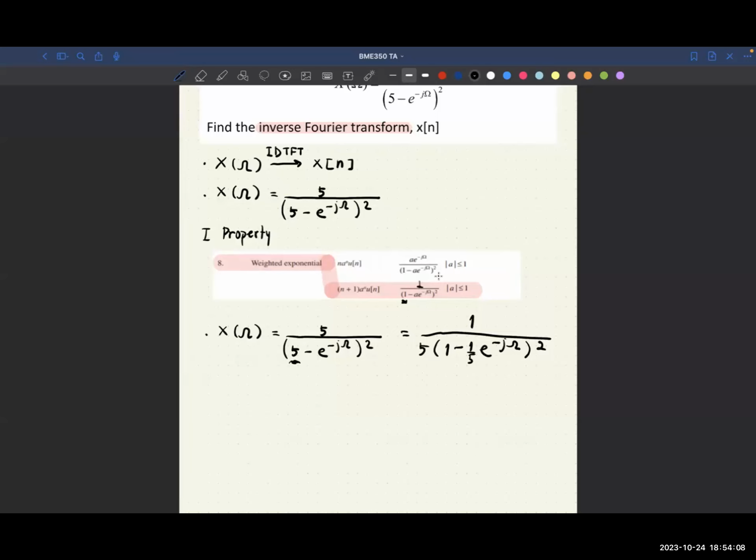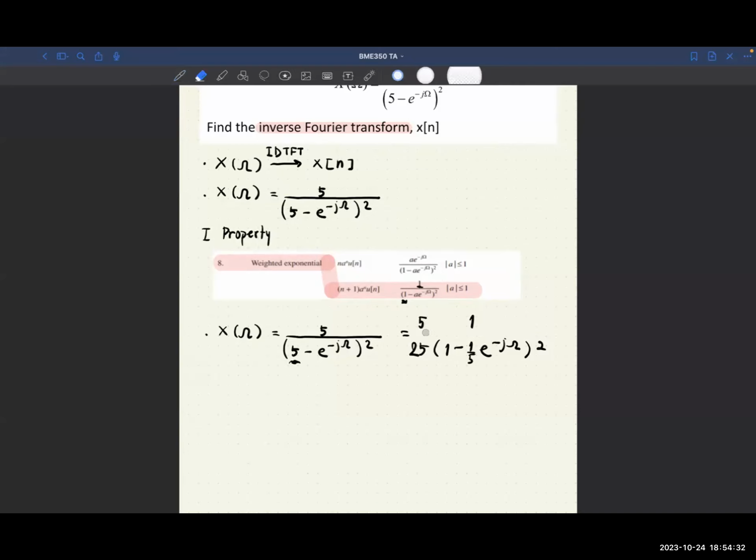So your answer is right, but you missed 1 step there. Okay, thank you, Professor. It's gonna end up 5 divided by 25, which is 1 over 5.